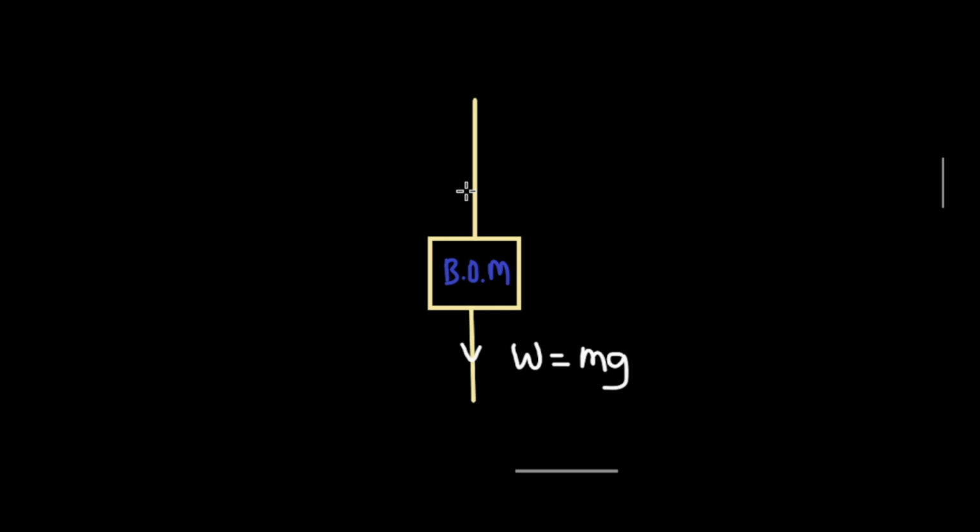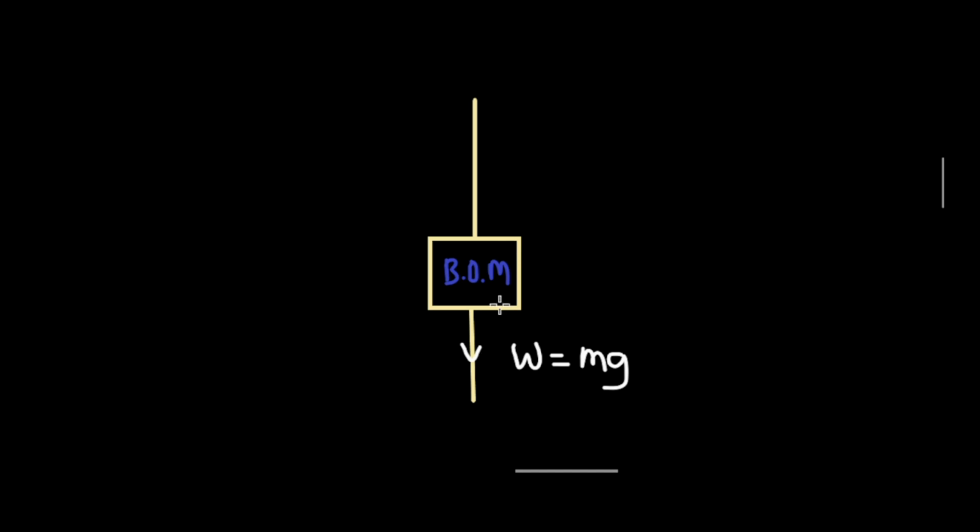Tension is basically the force that is there in order to keep this block of mass in equilibrium. Down here, this isn't a rope, this is just representing the weight of the block of mass acting downward.